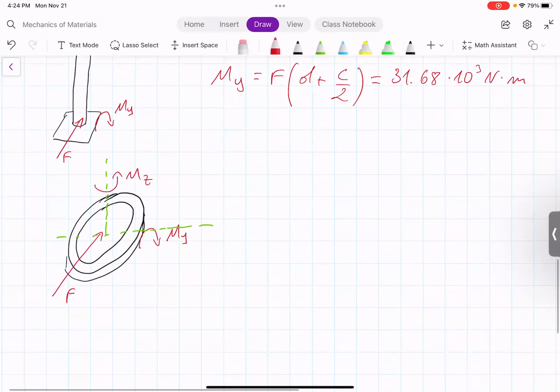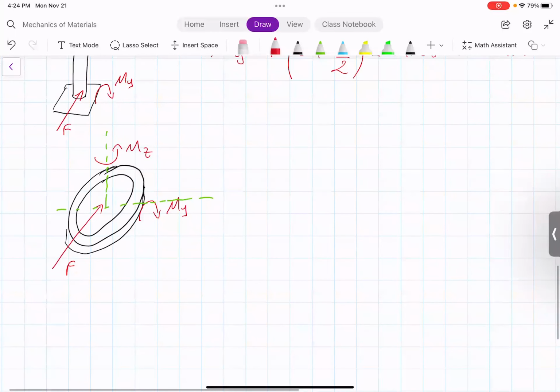This moment mz is a torsional moment because it acts about an axis that is perpendicular to the cross section. So again, my is a bending moment, and mz is a torsional moment.